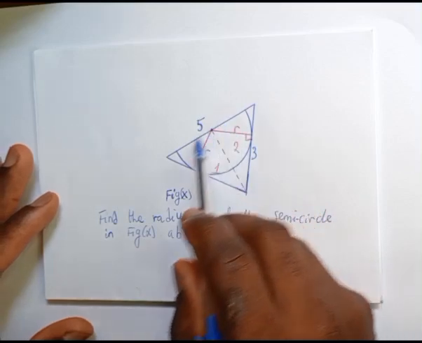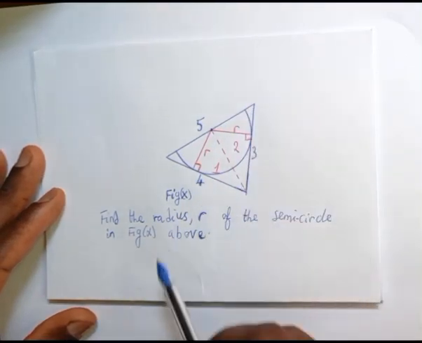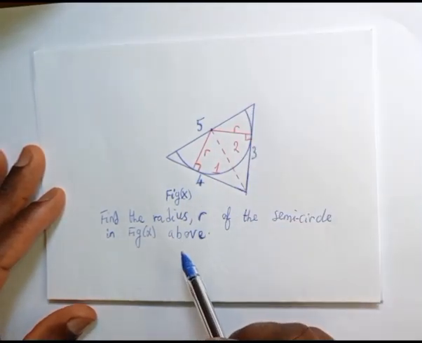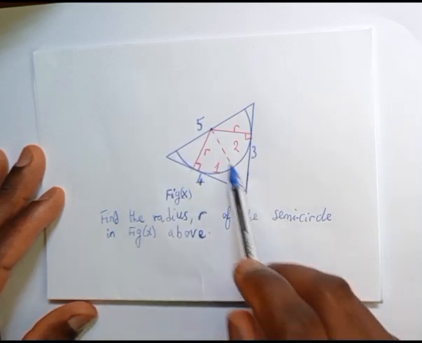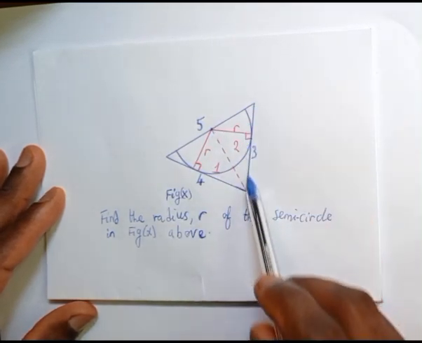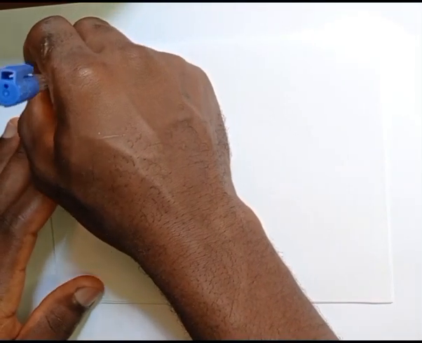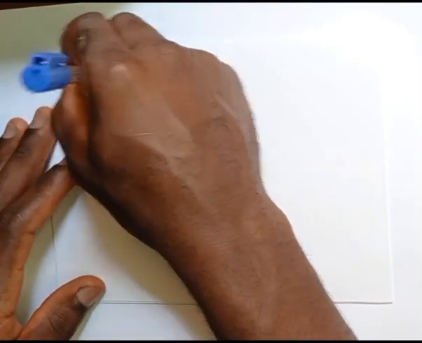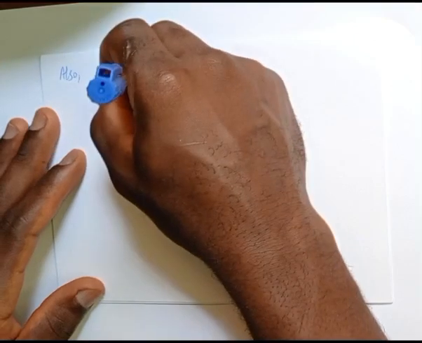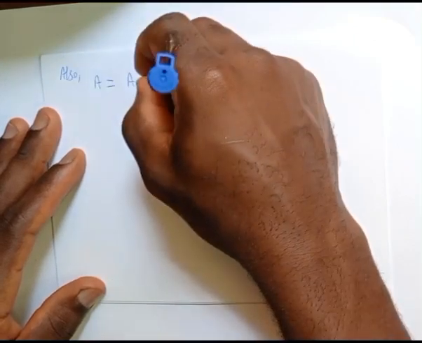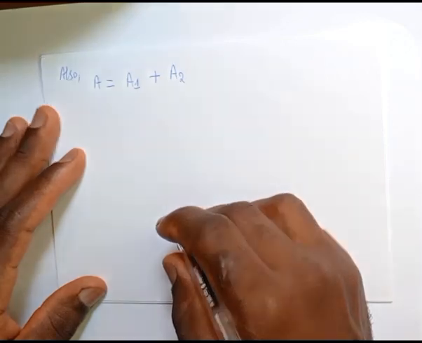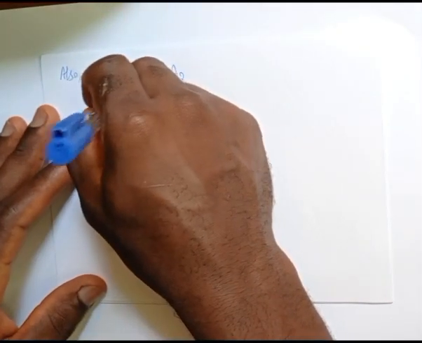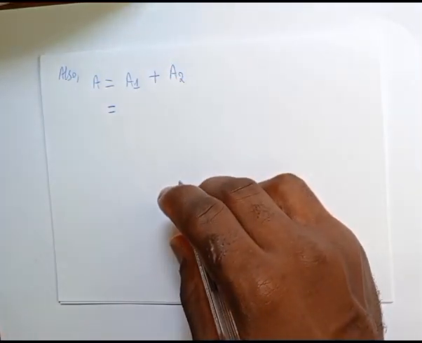The area of this big triangle is simply equal to the sum of the areas of triangle 1 and triangle 2. Take this down. Also, A is equal to the area of triangle 1, which is denoted as A1, plus the area of triangle 2, which is denoted as A2. This will simply be equal to the area of triangle 1.